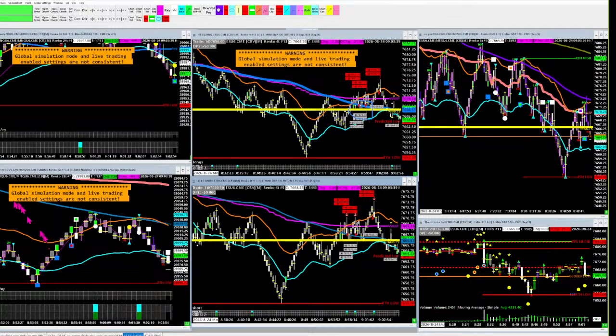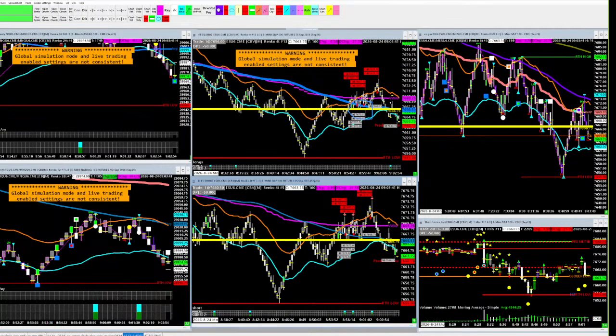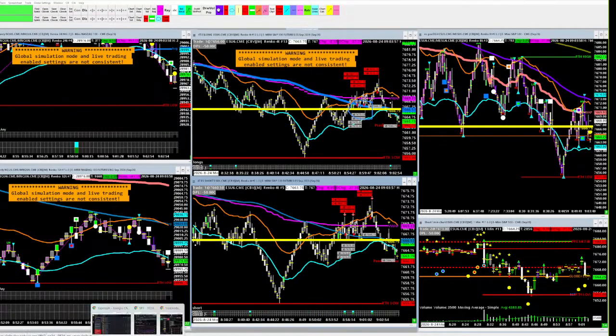So I have the charts detached. And I'm going to figure out what's going on there and why I couldn't do that. But that helped significantly.